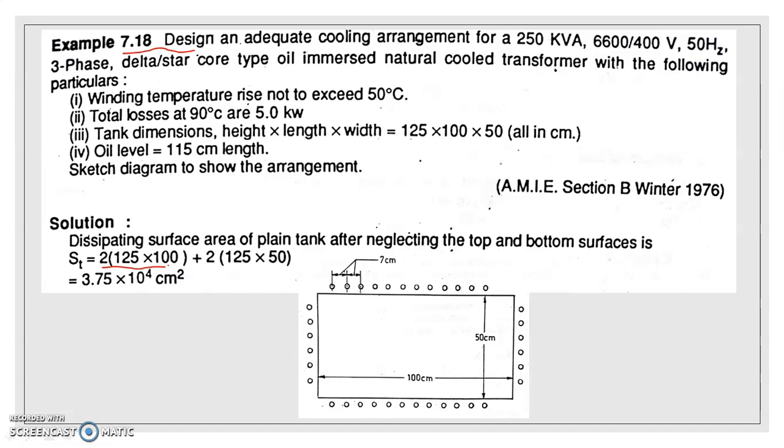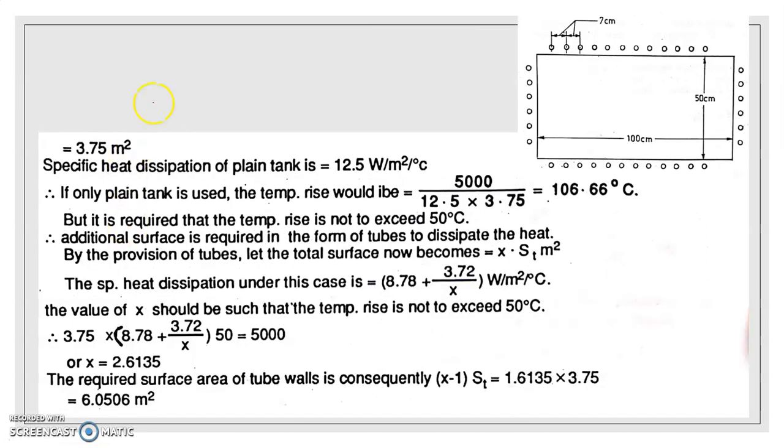One side is the same as the opposite side, that's why it is multiplied by 2. Plus 2 into 125 into 50, that is height into width, which appears 2 times. So the total surface is 3.75 into 10 raised to 4 centimeter square. We have to convert it into meter square, so it becomes 3.75 meter square.